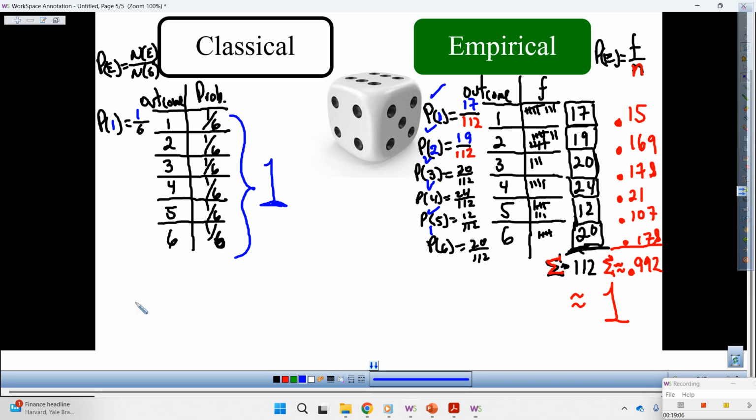Okay, versus, but they're both probability. This is a probability as well. Okay. Ooh, Brandon Darty, what do you think? Classical probability.